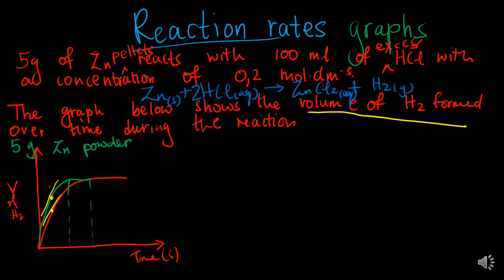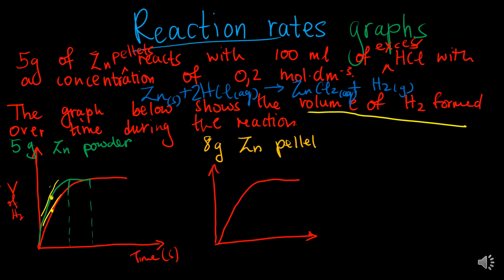And then let's draw another one. Let's say what if the change that was made, right? Let's still have our standard graph here, the red, representing the original conditions that we had at the top. Let's say now they are using 8 grams of zinc pellets, right?